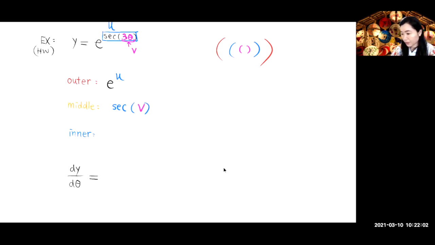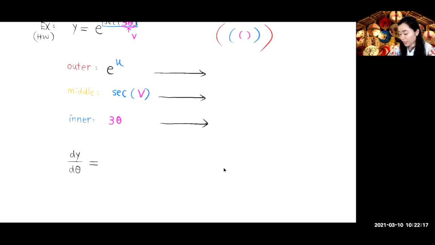And then the inner function here is 3 theta, the innermost function. So I explain this step over here. For your homework, you don't need to draw all this diagram; I draw them all out because I want to make it clear.